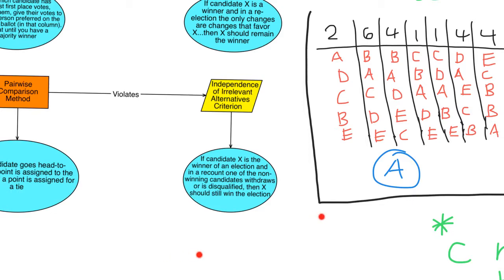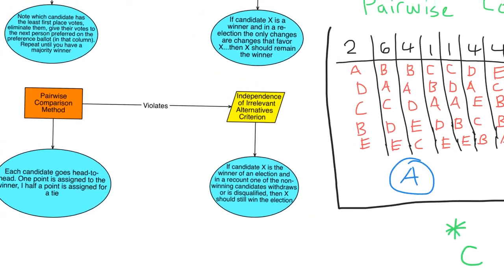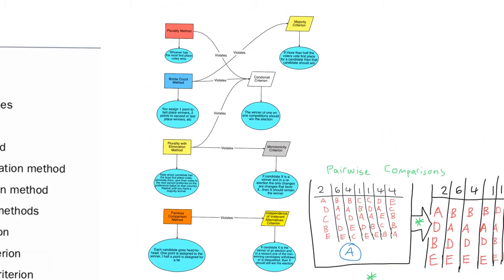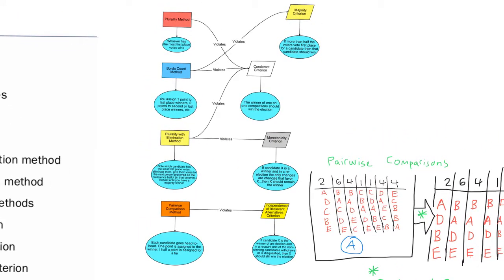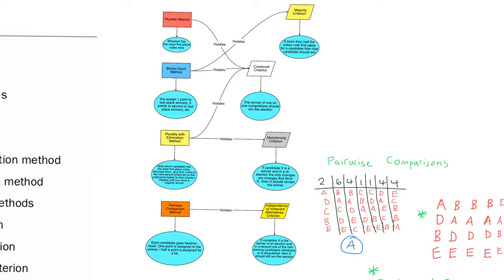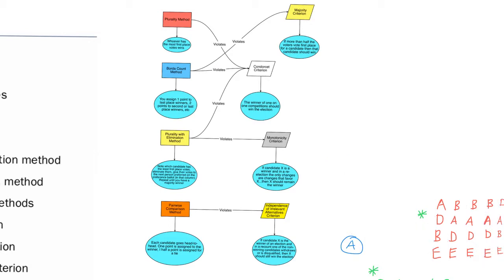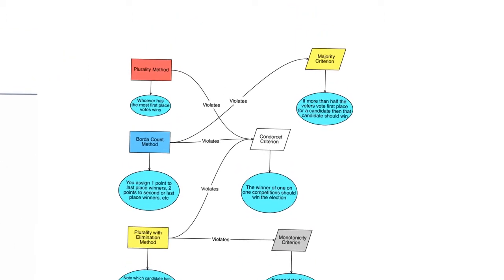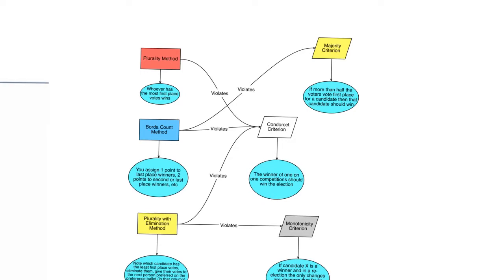And basically, this flowchart that I made really shows the relationship between the various voting methods and the various fairness criteria that each method might end up violating. Let's look at that right now. The plurality method, which again says that whoever has the most first place votes wins, doesn't always violate, but it can violate the Condorcet criterion.